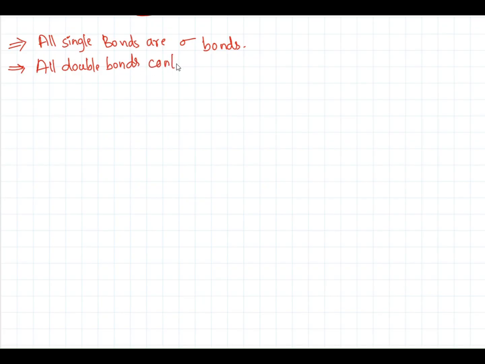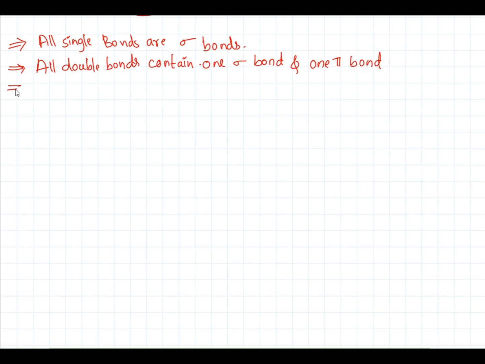According to all these concepts, we get to know that all single bonds are sigma bonds. All single bonds are sigma bonds, and all double bonds contain one sigma bond and one pi bond, right?